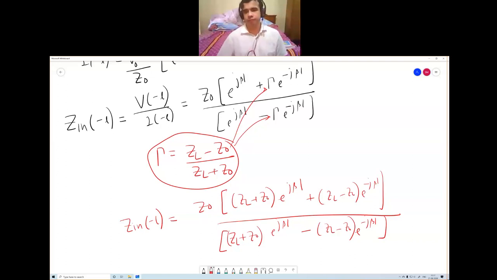We have simply replaced gamma by this expression. Can we write it this way?